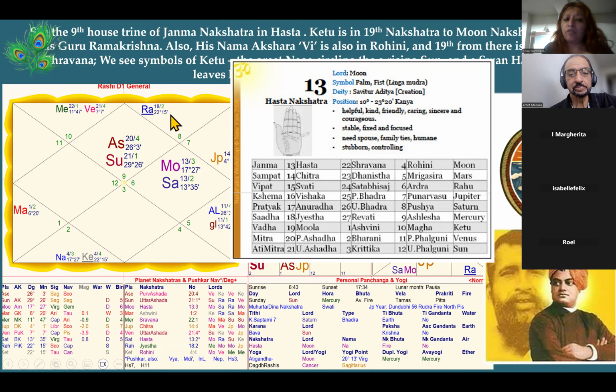Instead, it would have gone in the 12th house. But here, immediately, it is with Ketu, in a very powerful trine called the Bhagya trine. Bhagya is your luck. The whole 19th constellation, Rohini, has suddenly been activated.